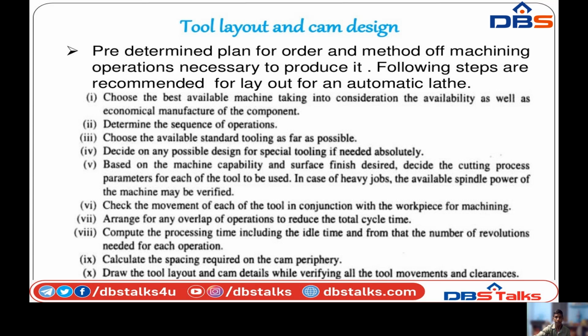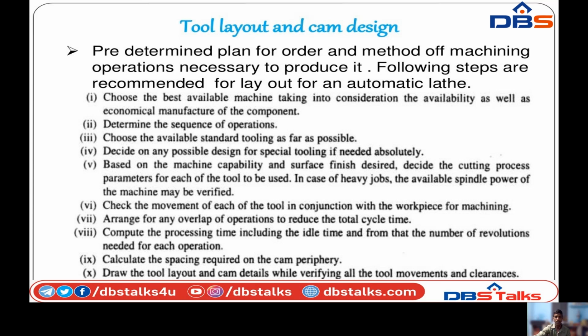Tool layout is a predetermined plan for the order and method of machining operations necessary to produce the component. That means we are following some sequence in fixing tools to the tool center or machining center by using the tool layout. Choose the best available machine, taking into consideration the availability as well as economic manufacture of the component.